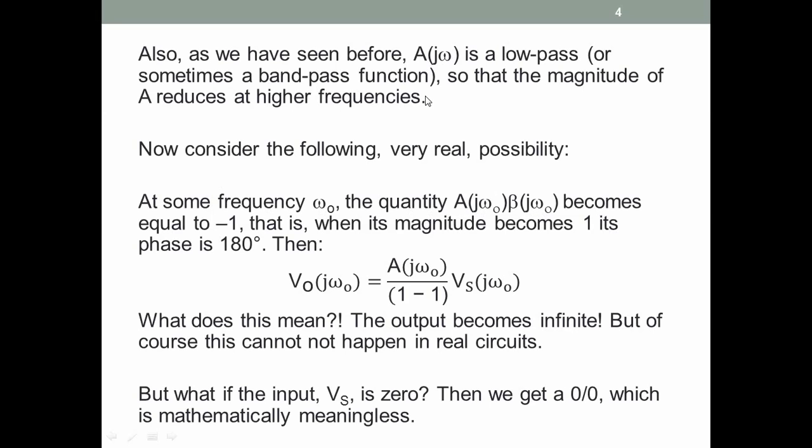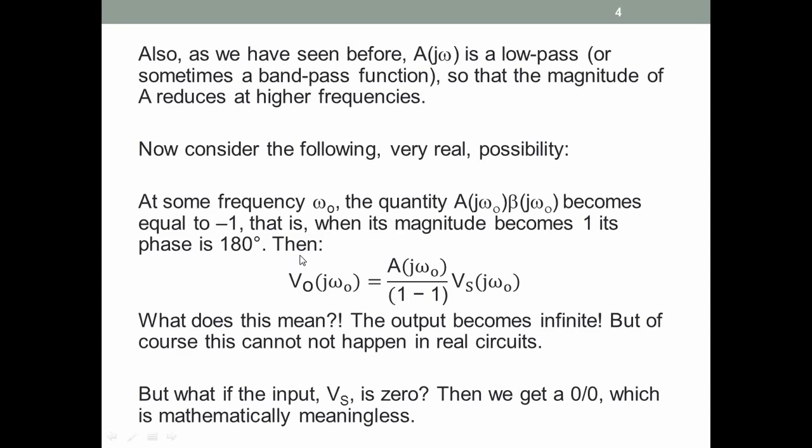As we said, at high frequencies the gain reduces. At some point the gain is going to become 1 and then become less than 1 after that frequency. So let us say that at some frequency the magnitude becomes 1 when its phase is 180 degrees. The gain of course will become 1 at some frequency, but what we are saying is the possibility that when the gain becomes 1, its phase is 180 degrees, so that the quantity A beta becomes minus 1.